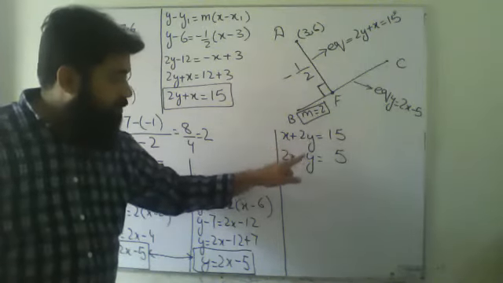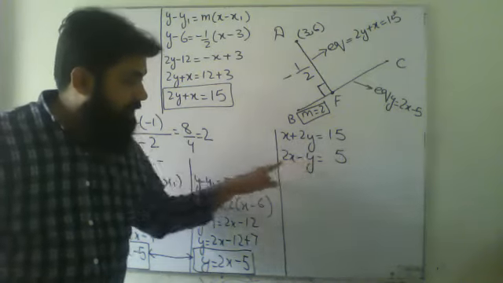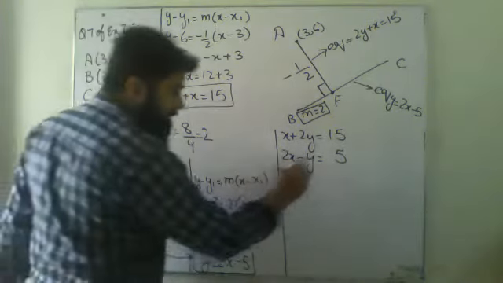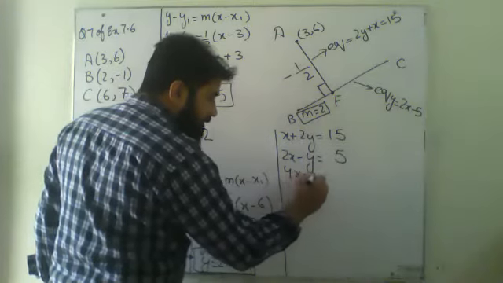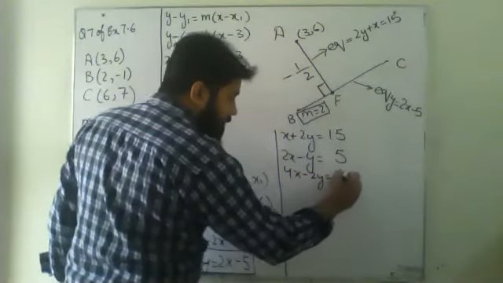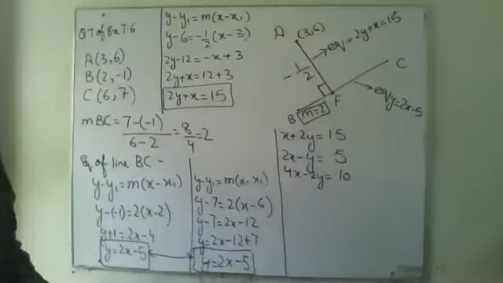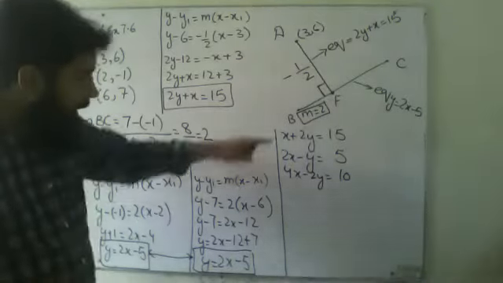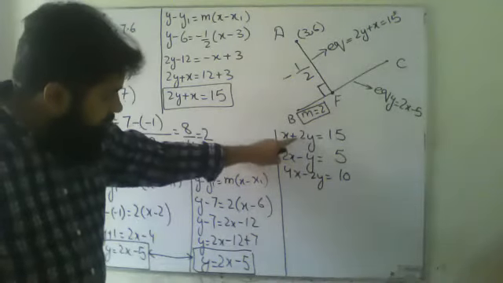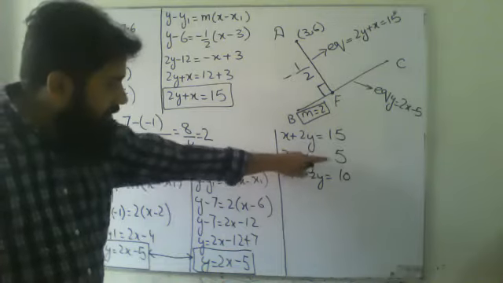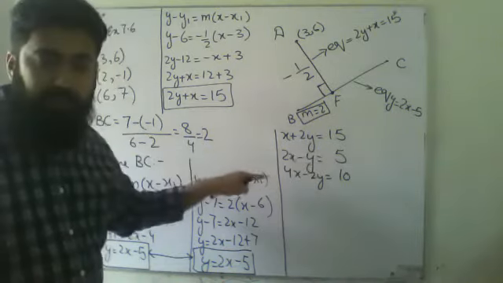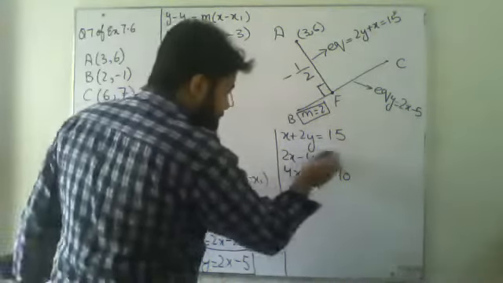This is coefficient 2, so I will multiply this whole thing by 2, and this will become 4x minus 2y equals 10. In order to make the coefficient the same, I have multiplied this whole thing by 2.